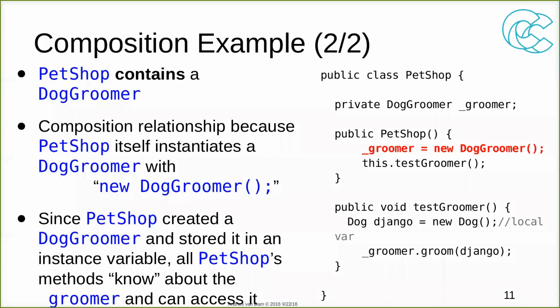If we take an example in which the pet shop class contains the groomer class, and the groomer class contains the third class, can an object of the pet shop class, when we create it, access the third containing class?